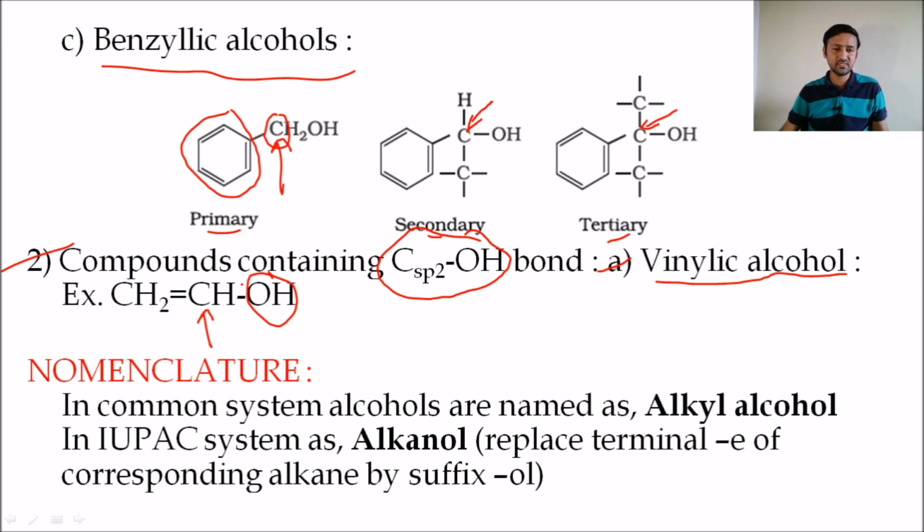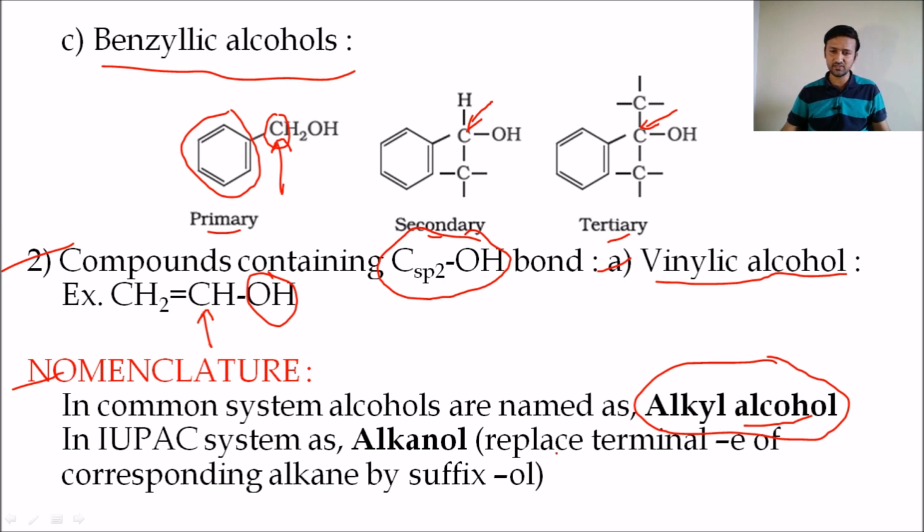Now the next topic we have is nomenclature. If we take nomenclature for organic compounds, we can name organic compounds in two main systems. One is the common system, the other is the IUPAC system. In the common system, alcohols are named as alkyl alcohols. We first write the name of the corresponding alkyl, followed by the word alcohol, and we get the common name.